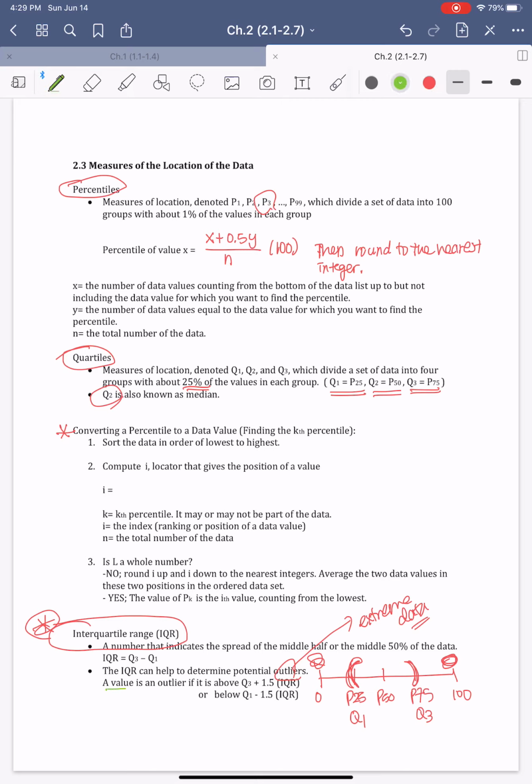A value is an outlier if it is above Q3 plus 1.5 times the IQR value, or below Q1 minus 1.5 times IQR. So here is Q3 and I'm going to add some more, 1.5 times IQR. And then for Q1, subtract 1.5 IQR, whatever the number is. It's going to be subtracted, so I'm going to have a smaller number.